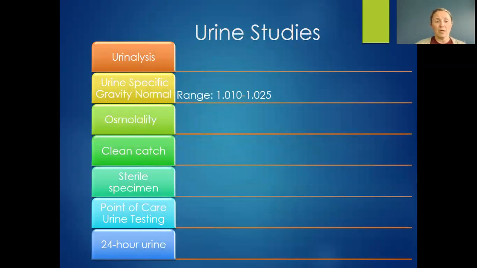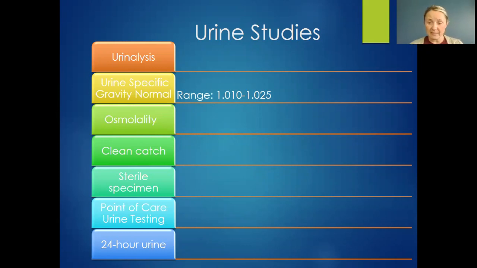Okay, so let's talk about some of the urine studies that we'll look at and how we study them. So a UA, or a urinalysis, is a urine specimen that is collected using aseptic technique.